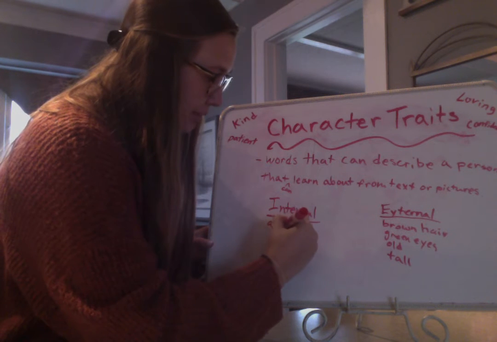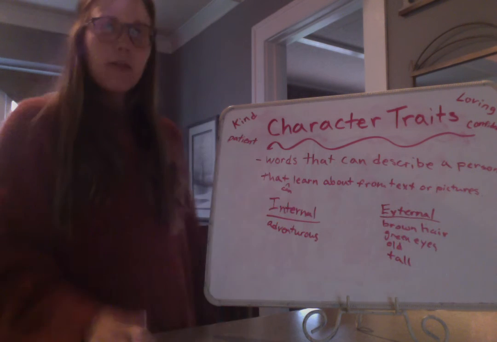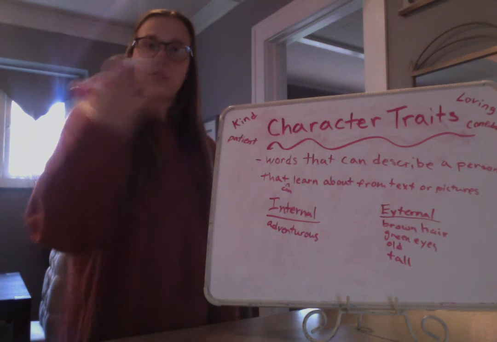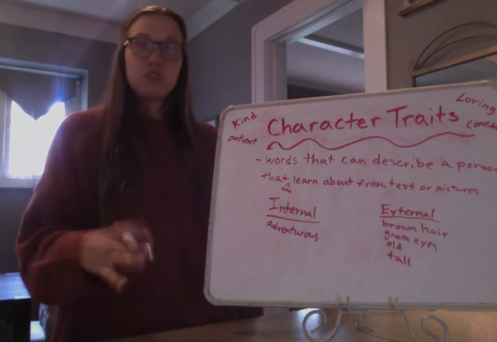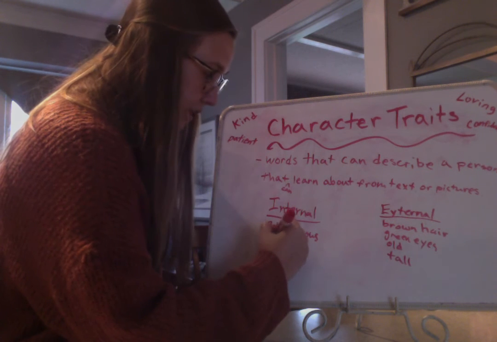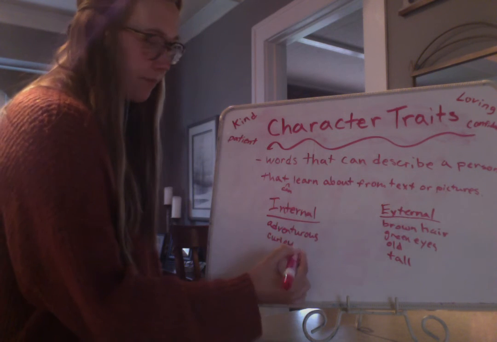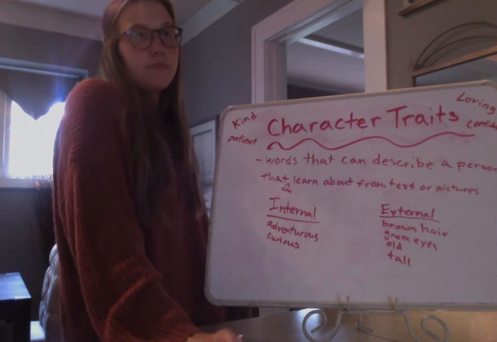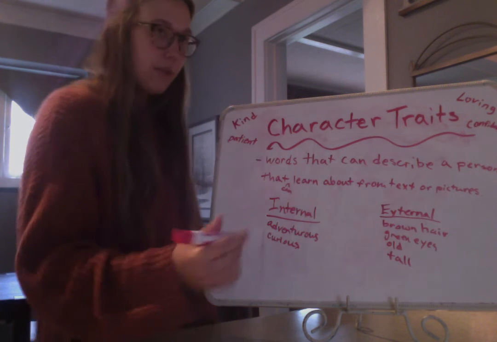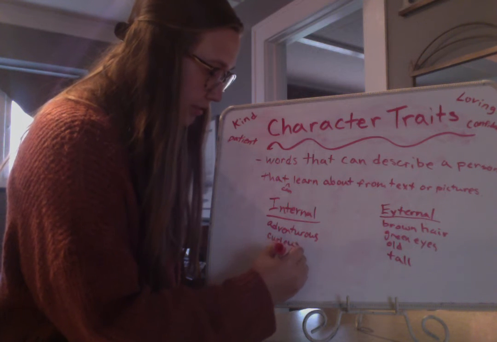If you were reading about a character in a story and they did something like that, they'd probably be considered adventurous. I ask a lot of questions of you guys, and you ask questions of me, so I'm a curious person. What about joyful? Would that be good? Like happy, joyful, right? So those are some examples.